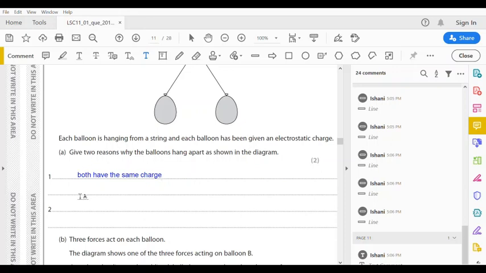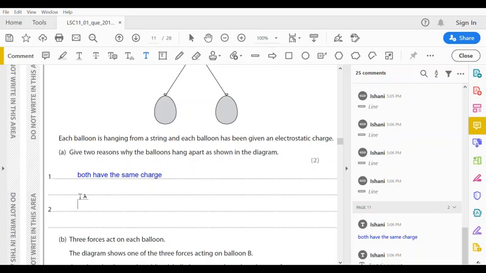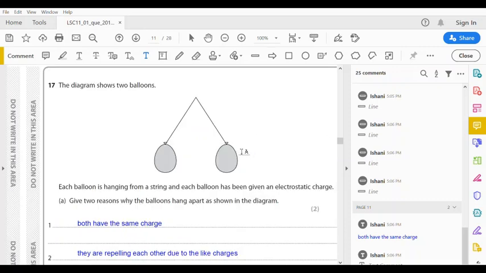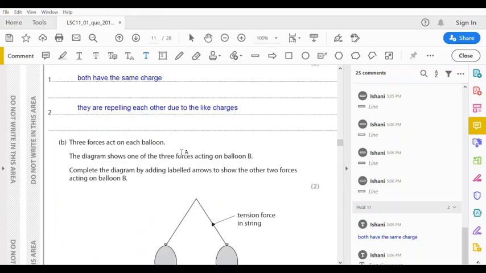Because of that, they both repel each other. So we can write they are repelling each other due to the like charges. They have the same charges, because of that they are repelling each other. So we use a term for these charges, electrostatic charges.